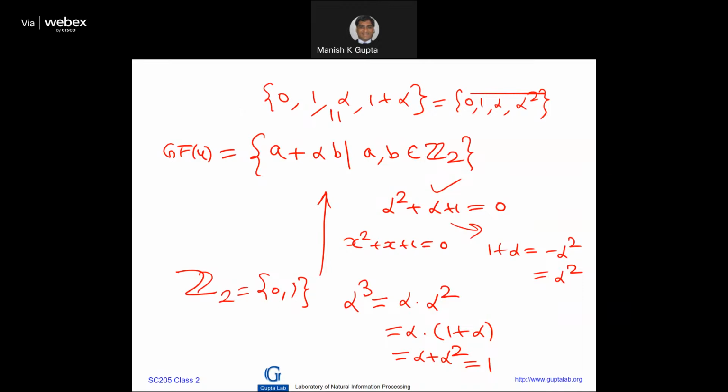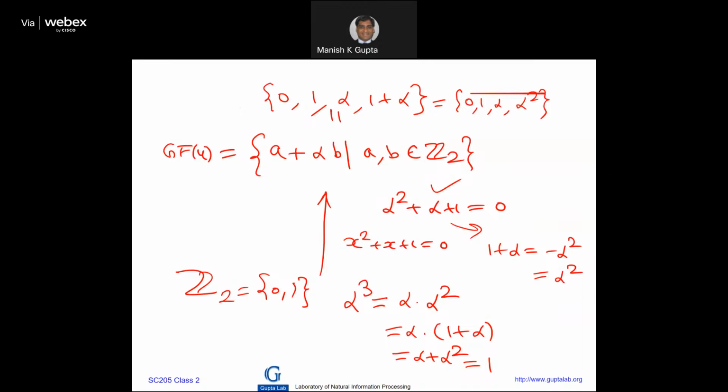Another beautiful thing: you observe that alpha is a root of this. Over reals, it is something like a root of unity. Here also it is a root of unity, but not over reals. What is the difference between both of them? Here it is alpha, there it is called omega. This is our finite business, that is our infinite business.